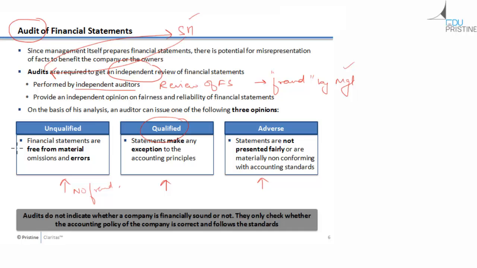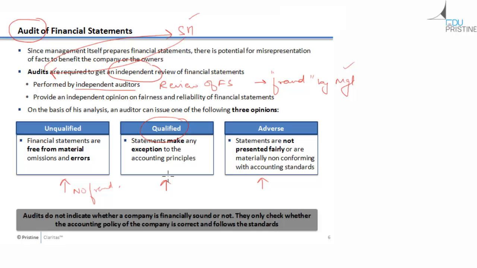Qualified, the second option, which means that there are some points of difference between him and the management, but the auditor believes that those points of difference are not material enough to change the color of the money. Which basically means that if there is a profit of $100 million being reported by the management, if it is done by the auditor, it might become $105 million.